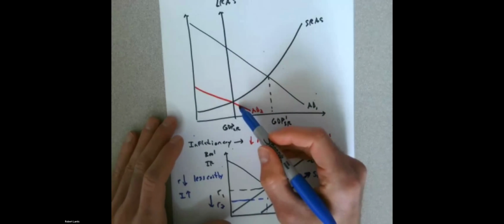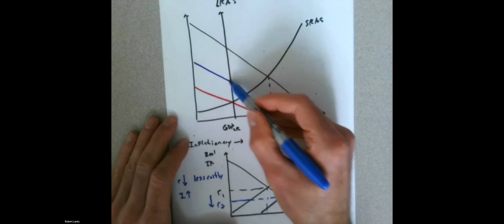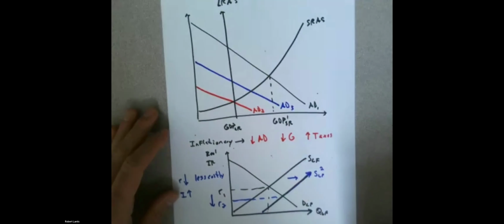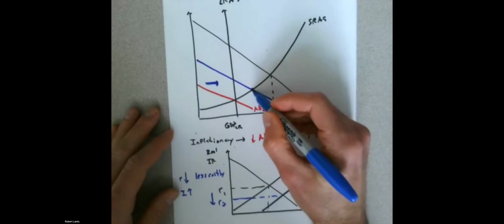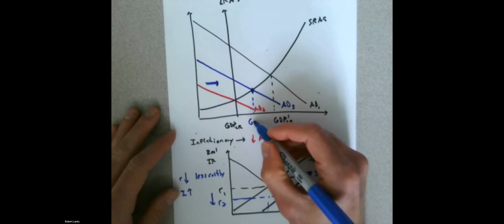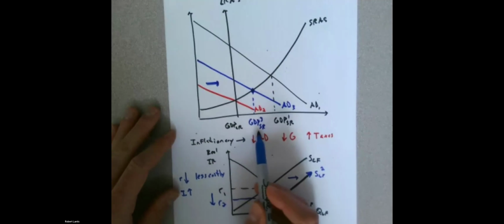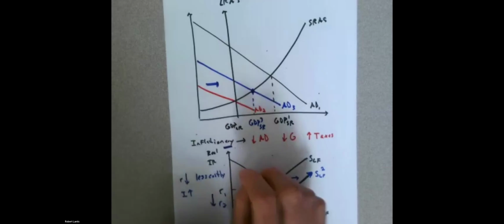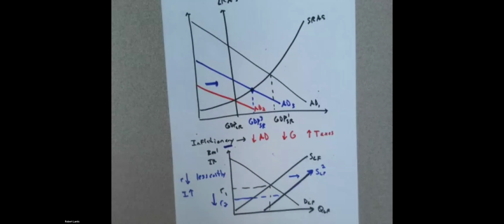So after that government spending decrease or that tax increase, we see that in response, investment goes up, that'll shift our aggregate demand curve to the right, and our new short run GDP would be right here. It's still too high. We still have an inflationary gap. Now, it's smaller than it was before, but it still exists.